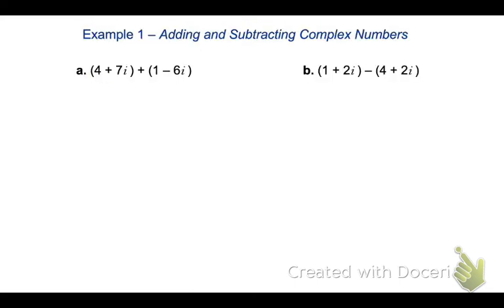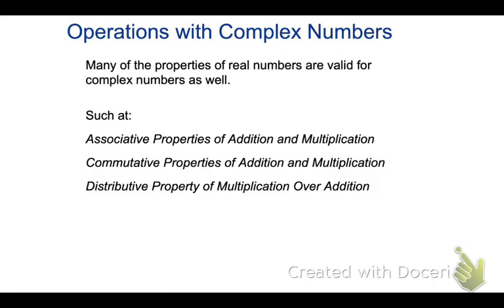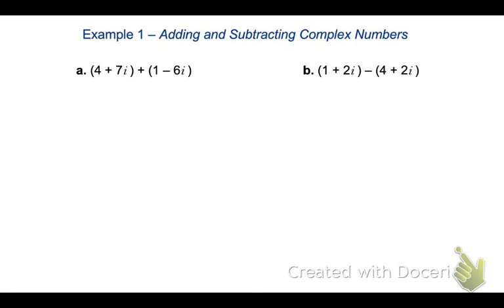Okay, so adding and subtracting complex numbers. So it would be 4 plus 1, and it would be 7 minus 6i.